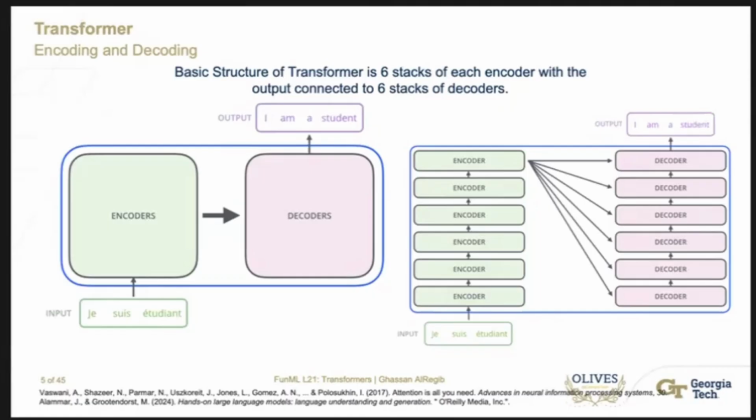After passing through all the encoders, we go to the decoding phase, which is basically decoding the information that has been learned in the encoding phase. Each decoder has two inputs: the input from the previous decoder and the output of the last encoder. And we will learn the exact process of how we associate these two inputs together.